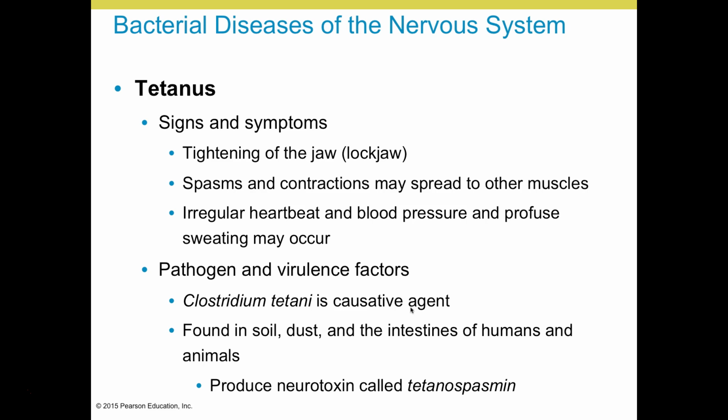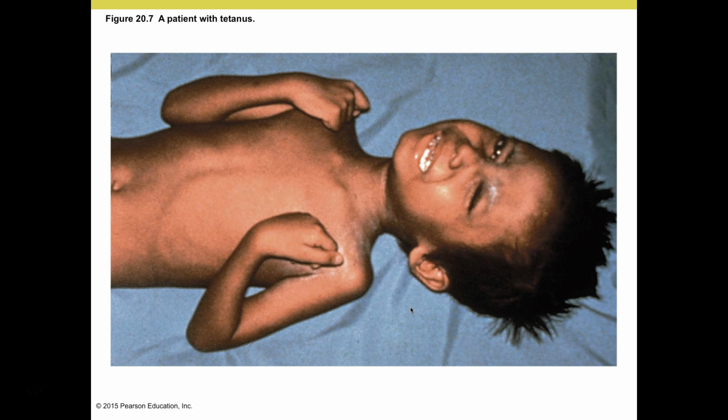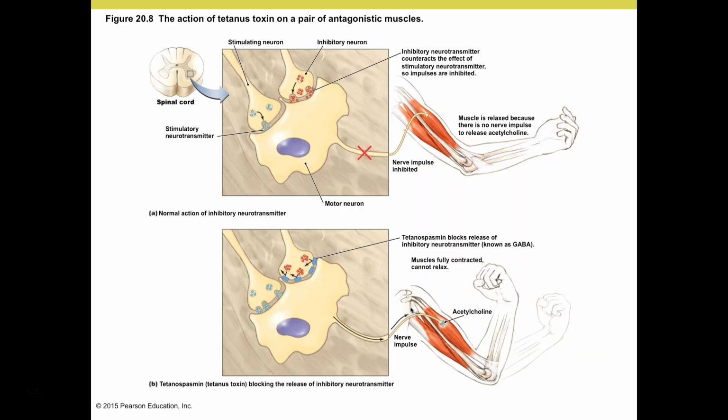If you happen to actually get tetanus, what happens is you get a neurotoxin known as tetanospasmin, and that's what it does to your joints. Okay, as you can see here, in your spinal cord, you will get a signal, and a nerve impulse is transmitted.